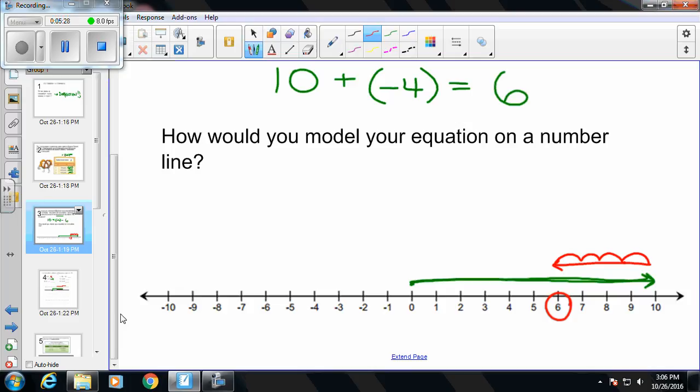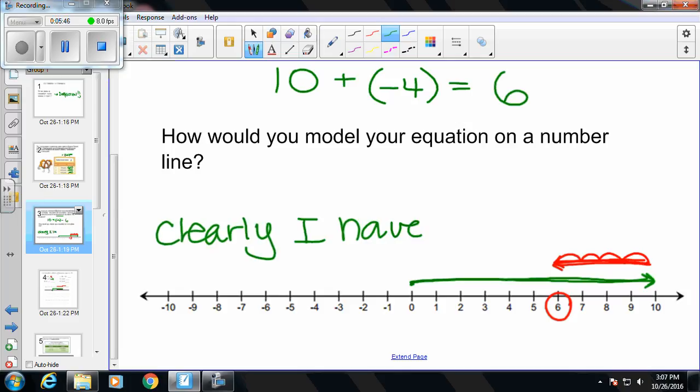And this arrow, or vector as it's mathematically called, that's giving me a little bit negative. Do I have more positive or more negative? In this case, I have more positive. And let's write that. Clearly, I have more positive.